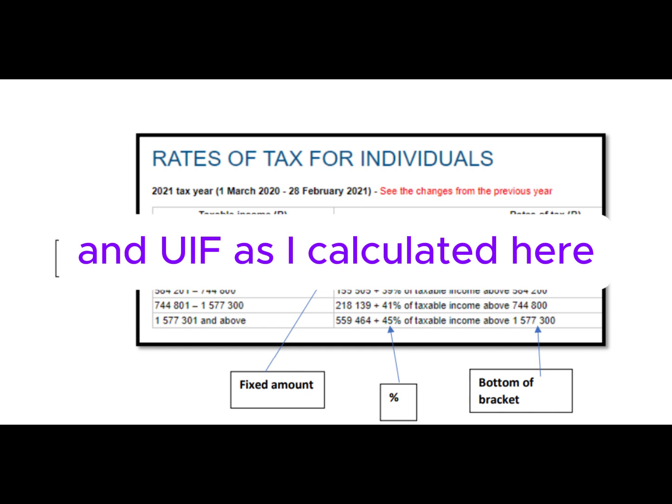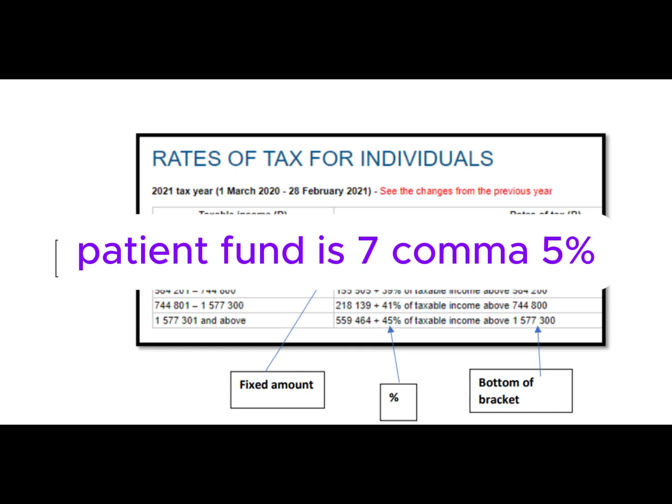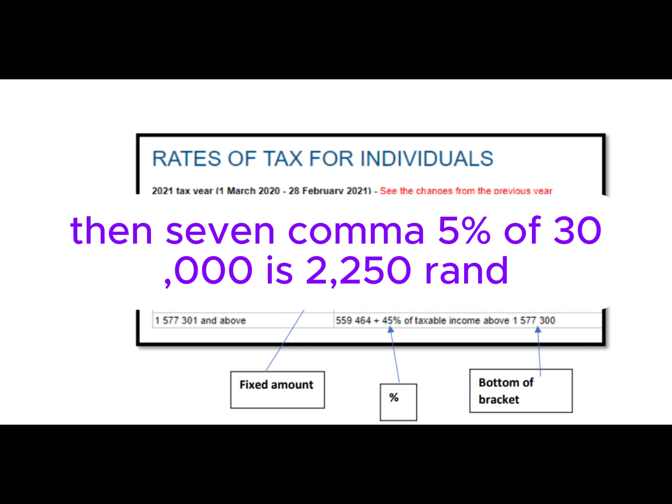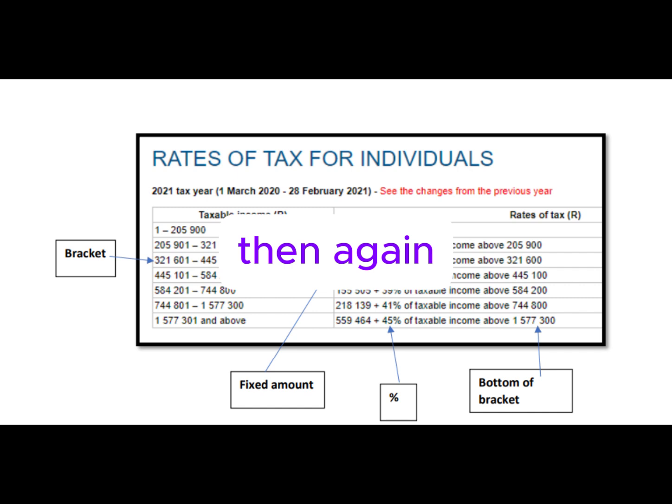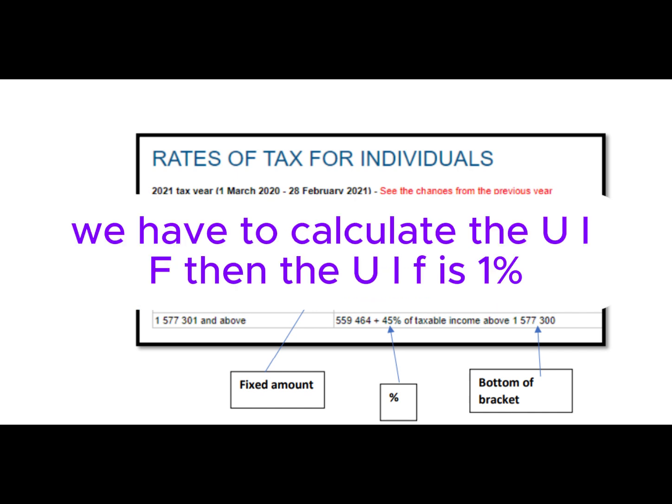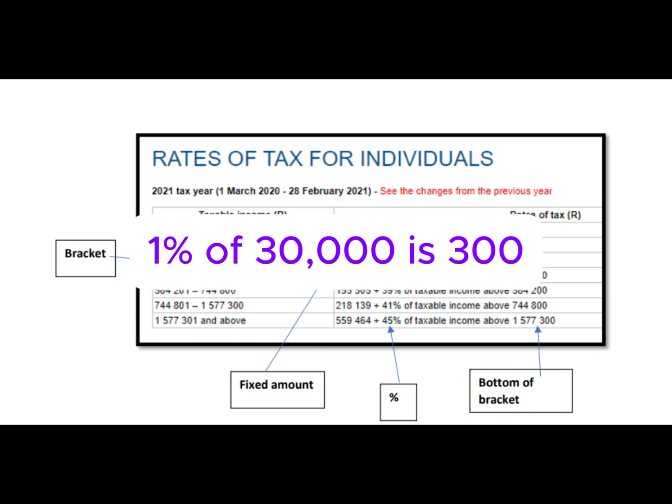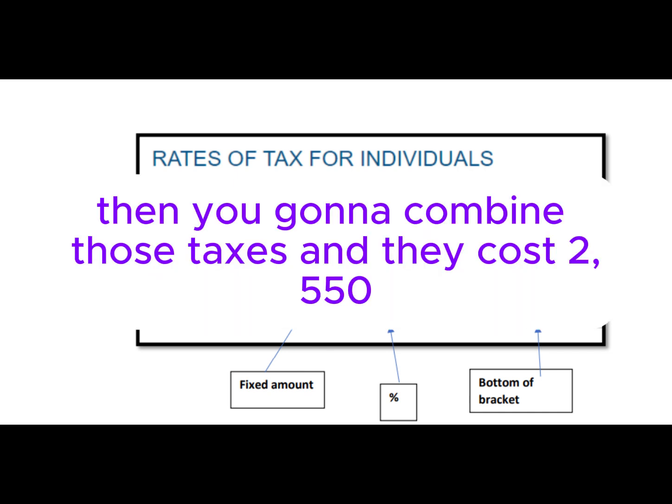Pension fund is 7.5%, and 7.5% of 30,000 is 2,250 rands. Then we calculate the UIF, which is 1%. 1% of 30,000 is 300. Combined, those deductions come to 2,550.